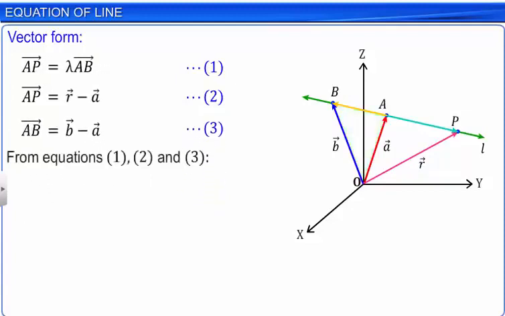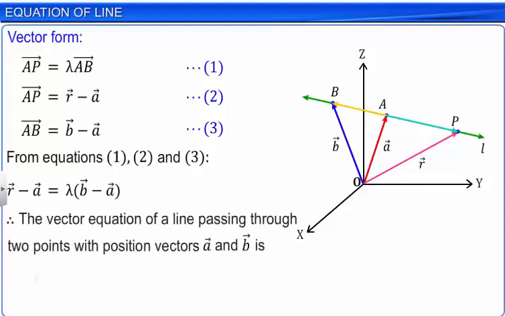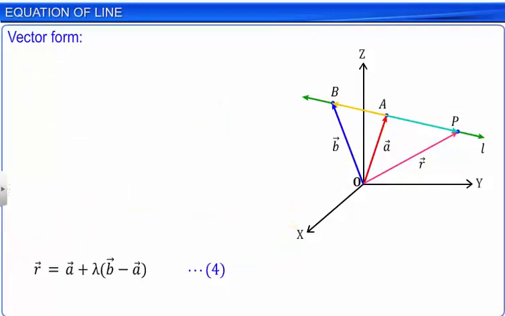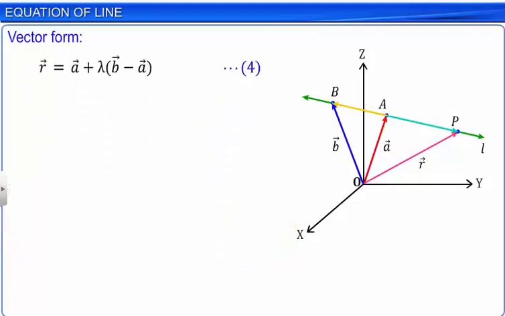Substituting the values of vectors AP and AB from equations 2 and 3 in equation 1, we get equation 4. Equation 4 is the vector equation of a line that passes through 2 points with position vectors A and B. Now, let us derive the equation for line L in Cartesian form.